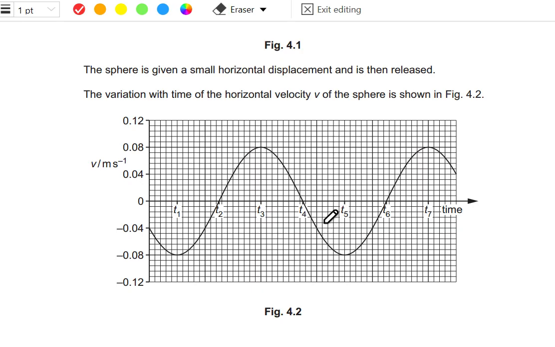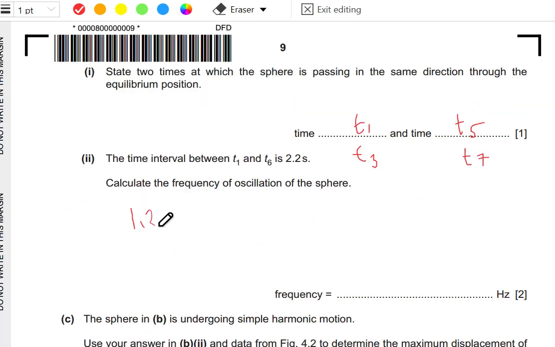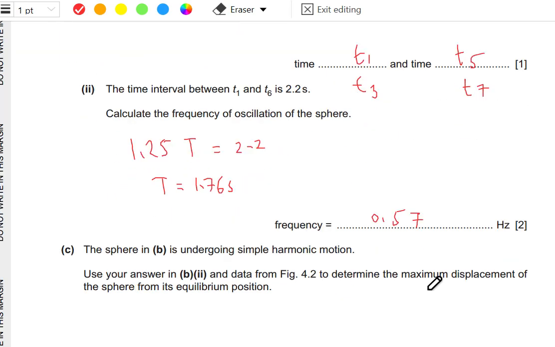This is the first wave, and to T6 it is another quarter, so it is 1.25 T, the periodic time of one period, that equals 2.2, and we can divide and find that T is equal to 1.76 seconds, and the frequency is the inverse or reciprocal, so it is 0.57.